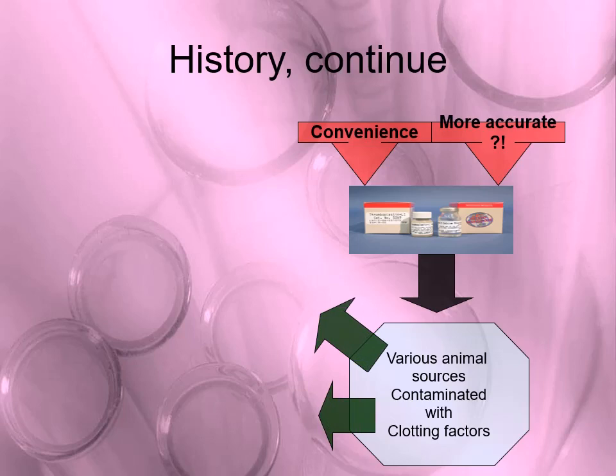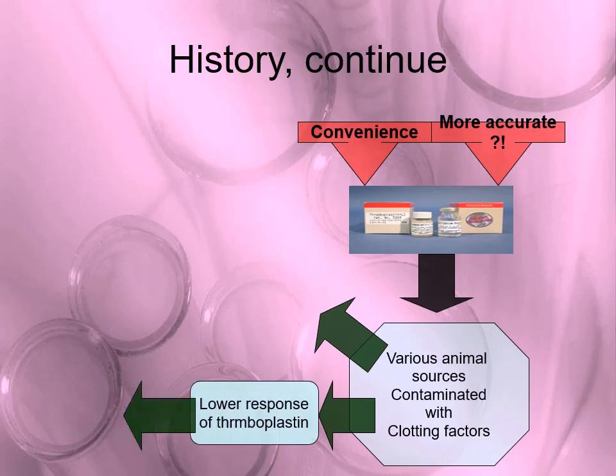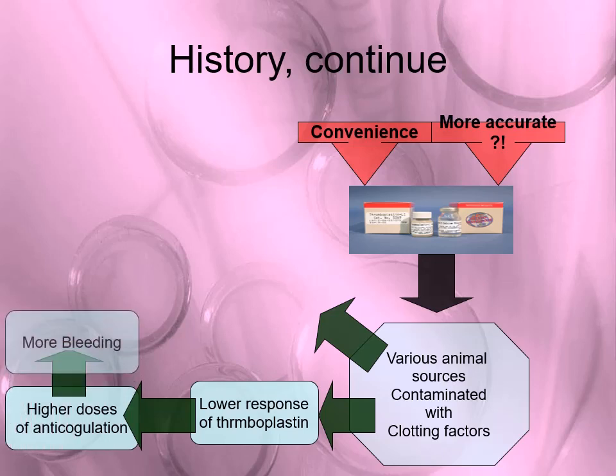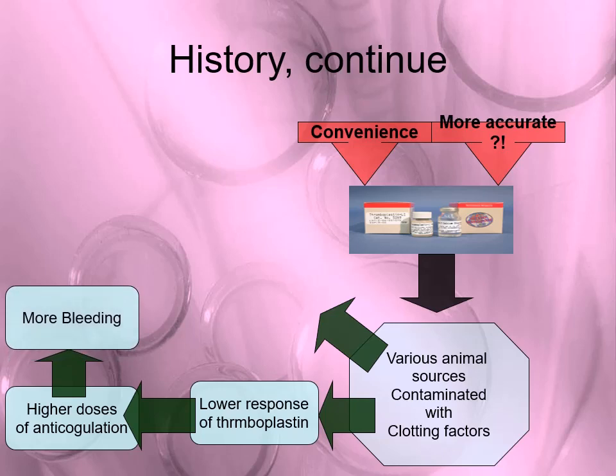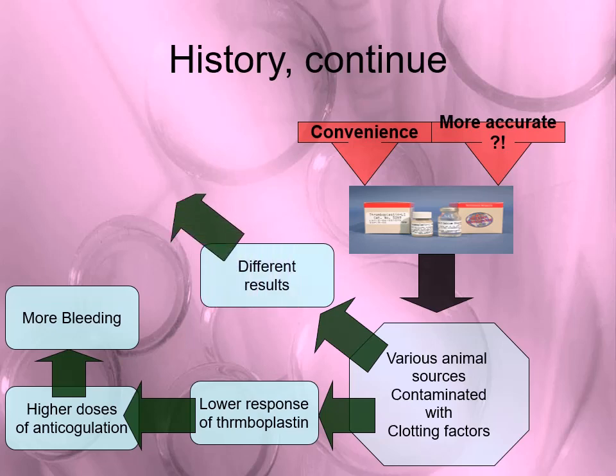First, since it's contaminated with clotting factors, it leads to a lower response of thromboplastin, which encourages giving patients higher doses of anticoagulation, resulting in more incidents of bleeding. Second, because of its different animal sources, it gives different results. That leads to different prothrombin time results in different laboratories, as they are using different reagents.